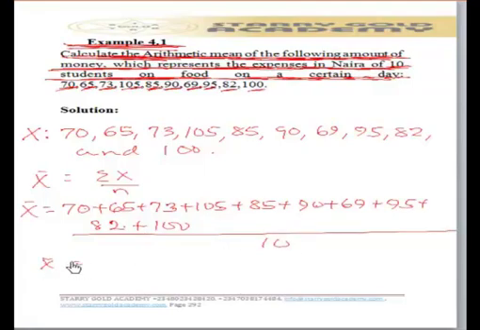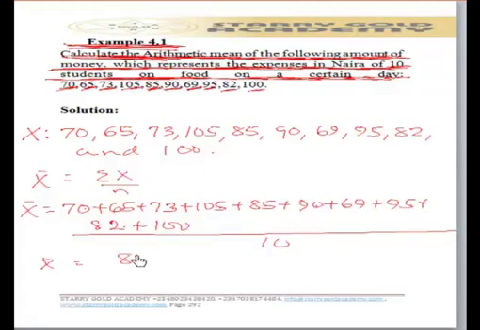So let's now sum all this together. We have 70 plus 65 plus 73 plus 105 plus 85 plus 90 plus 69 plus 95 plus 82 plus 100. This is equal to 834.